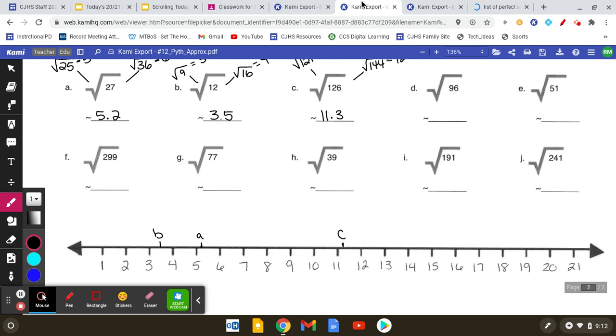Let me add a few more up here for you guys because some of these get rather large. 196, 14, this is going to be 225, 256. Okay, so continue on.